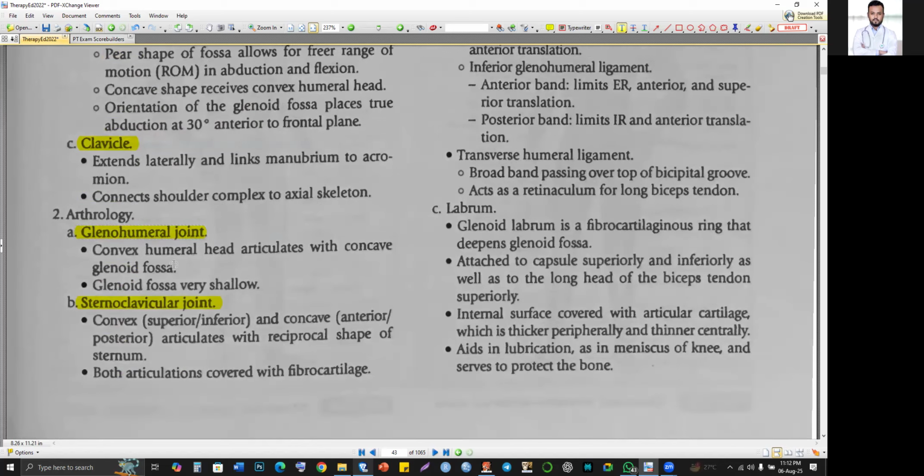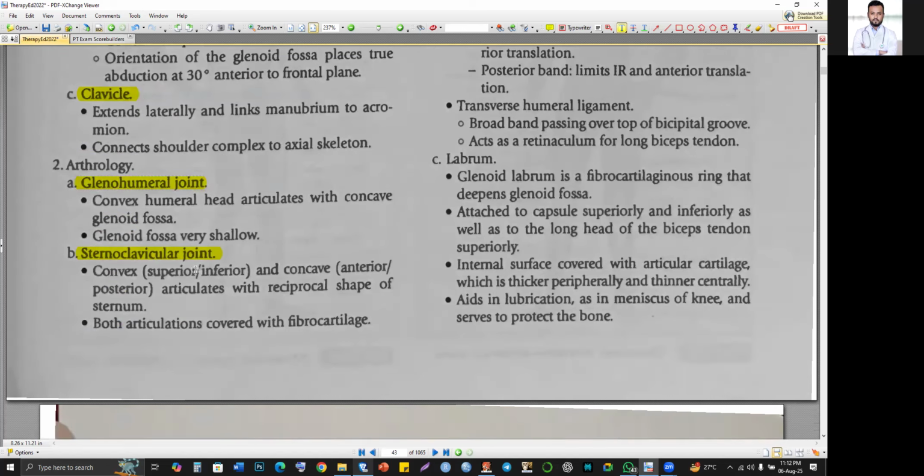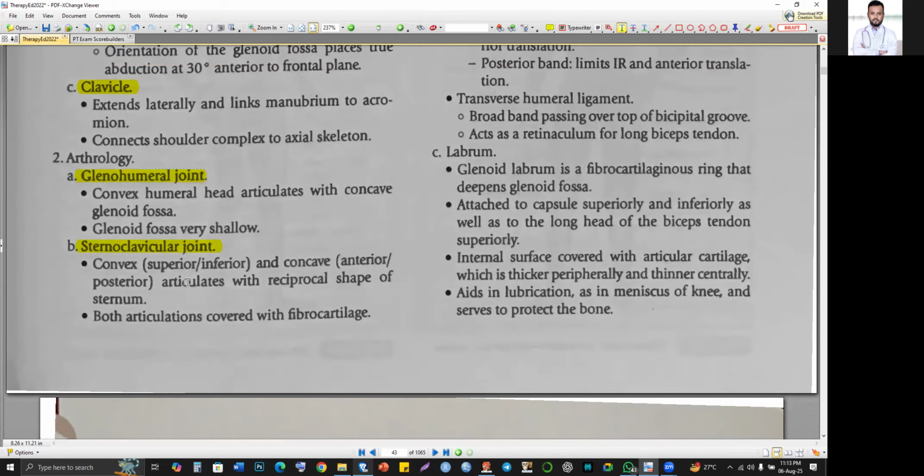Here, the convex humeral head articulates with the concave glenoid fossa. This is simple, and the glenoid fossa is very shallow. On the other hand, in the sternoclavicular joint, the convex superior-inferior and concave anterior-posterior surfaces articulate with the reciprocal shape of the sternum, both covered with fibrocartilage.